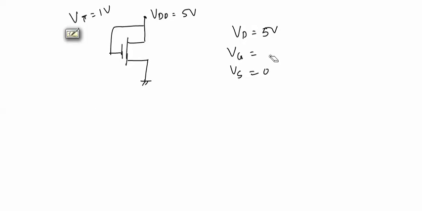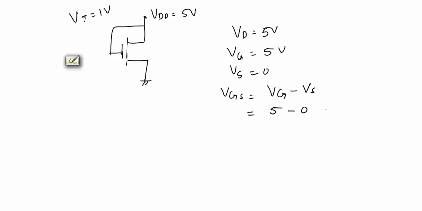Now VGS will be equal to VG minus VS, and this will be equal to 5 minus 0 equal to 5 volt. VDS will be equal to VD minus VS will be equal to 5 minus 0 equal to 5 volt.